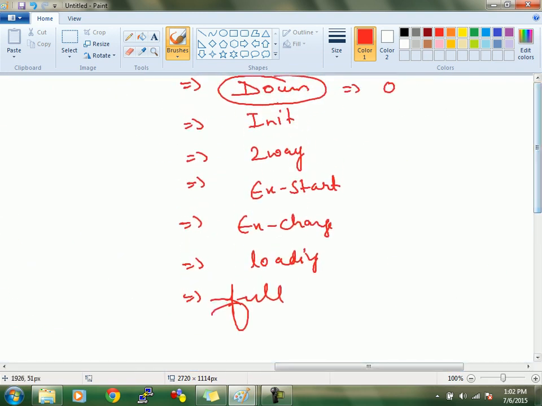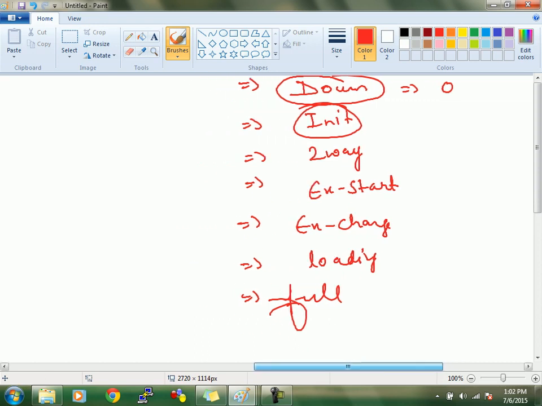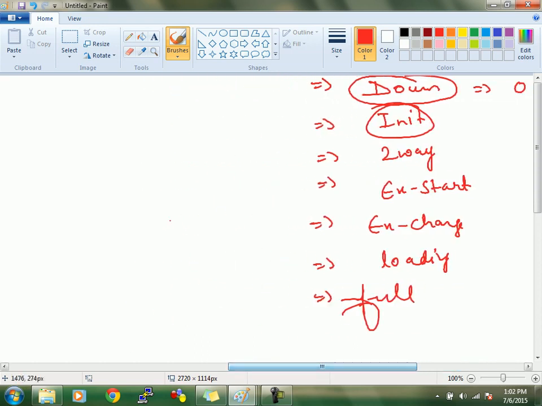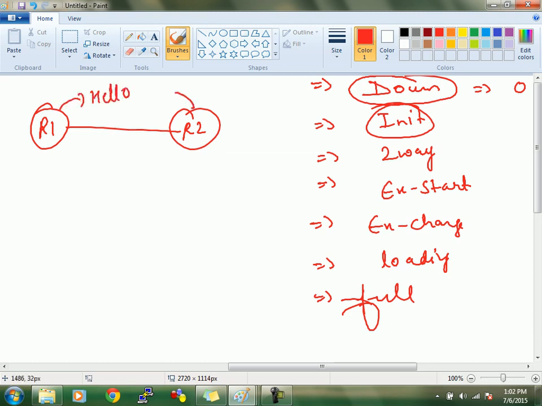Second thing, init. What is init state? R1, R2. As you define the network command on both of the routers, R1 will send a hello, R2 will also send a hello. Now guys, see here. When R2 will receive a hello from R1, there can be two cases.